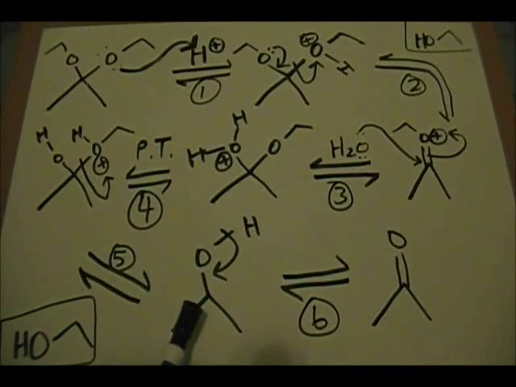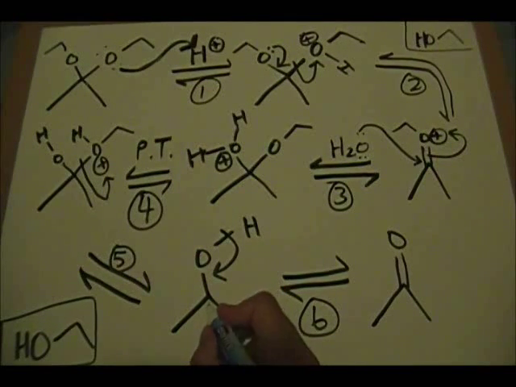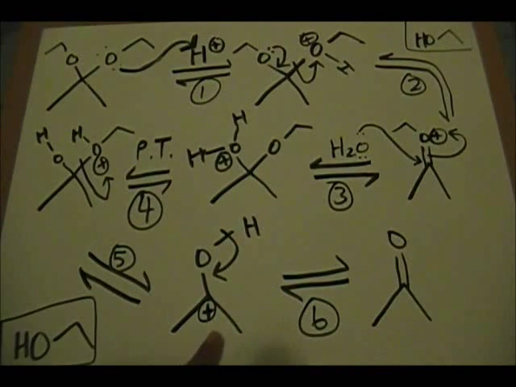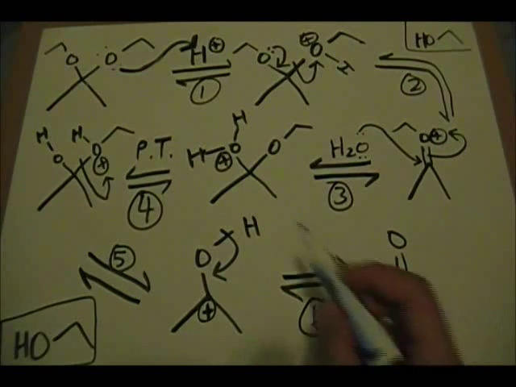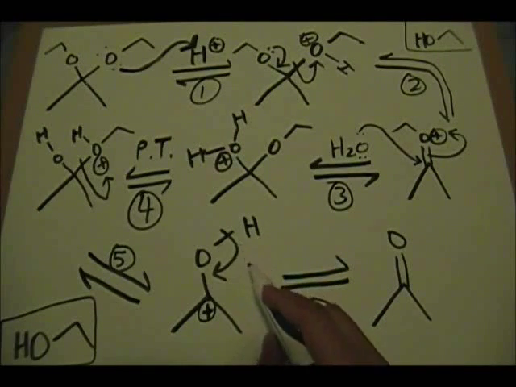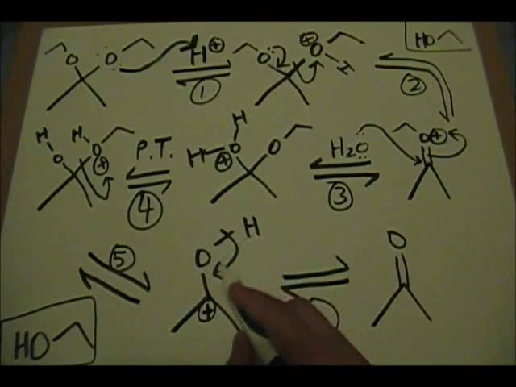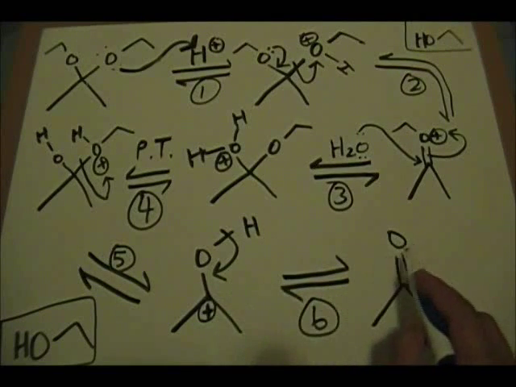We have our alcohol, and now we have, I forgot to put a positive charge here, this carbocation. Now what we want to do is kick off the pair of electrons found between the oxygen and the hydrogen to form our carbonyl, and that is exactly what we have done.